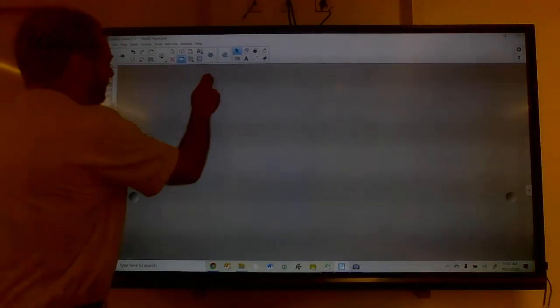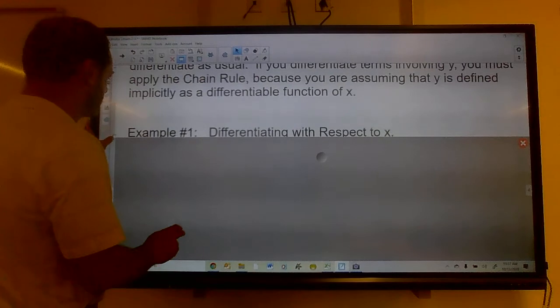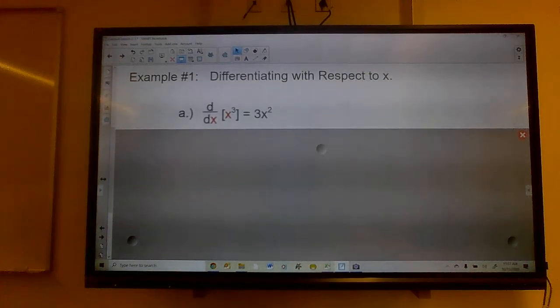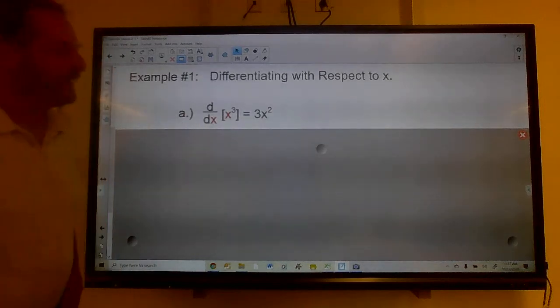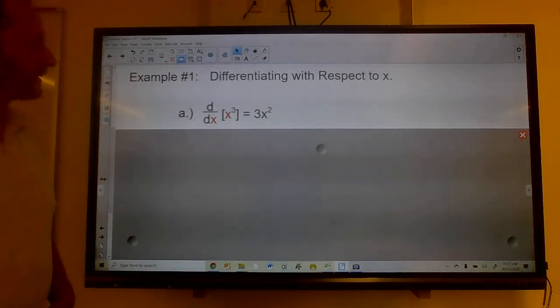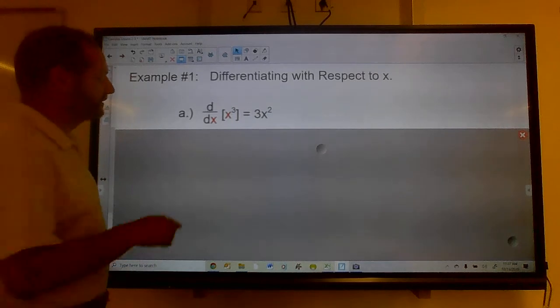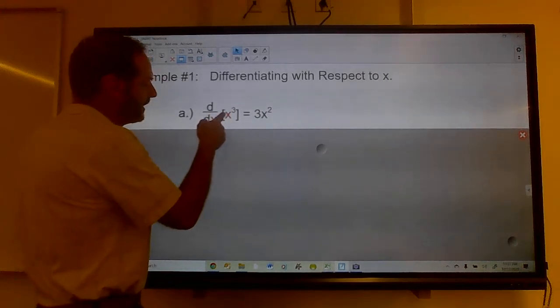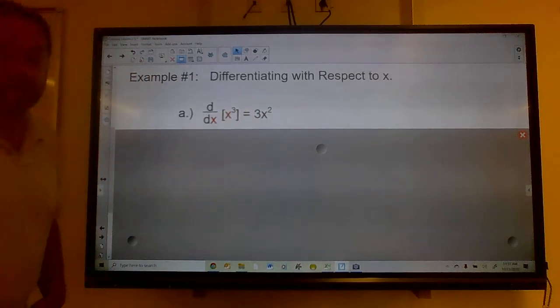Let's look at a few equations here. Like this one, x cubed, it's already written explicitly, so since I'm differentiating with respect to x, I can just use the power rule, and I've got 3 times x squared, and I'm done.